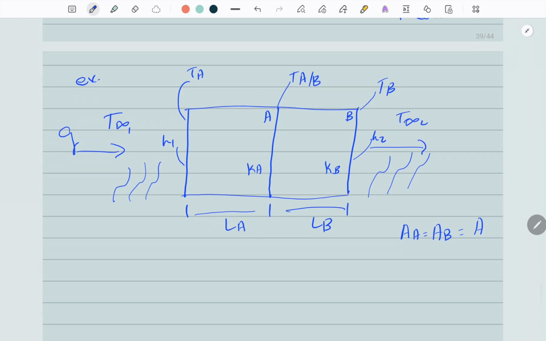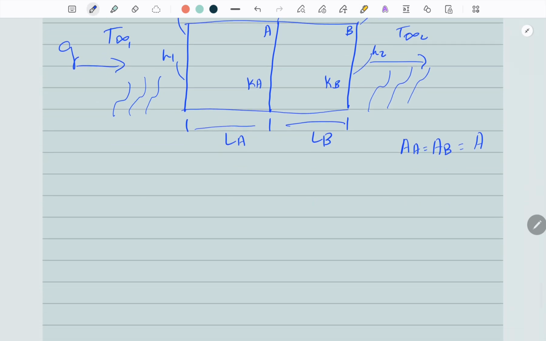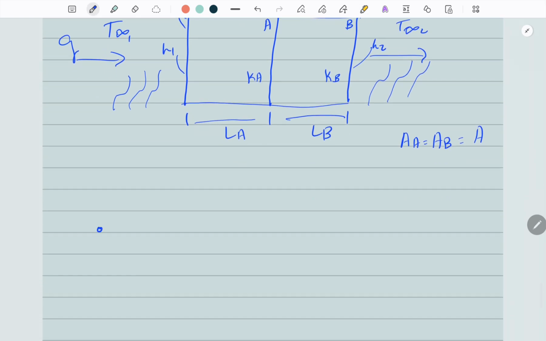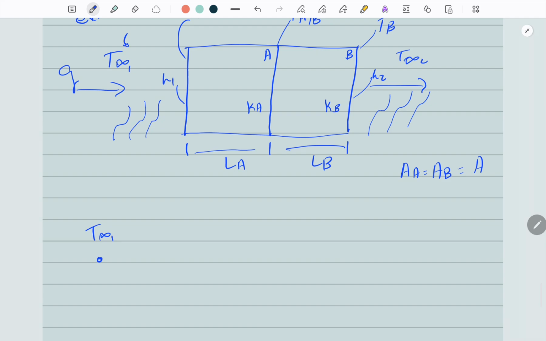Now before we start solving that example, the first step we need to do is convert this schematic here into a thermal circuit. So the thermal circuit, you need to write down the first point, the first temperature, which is T infinity 1. That temperature, as heat is transferring, it goes through a resistance. The resistance is convection resistance 1 due to the convection that's taking place in this area here.